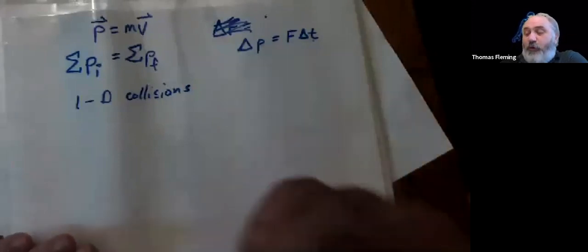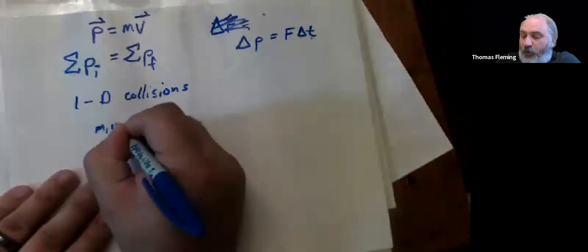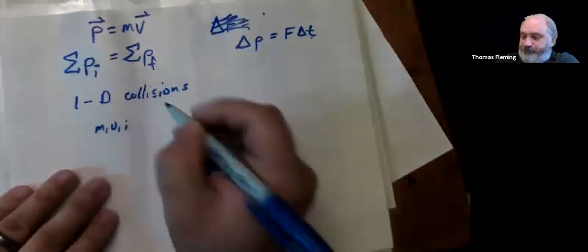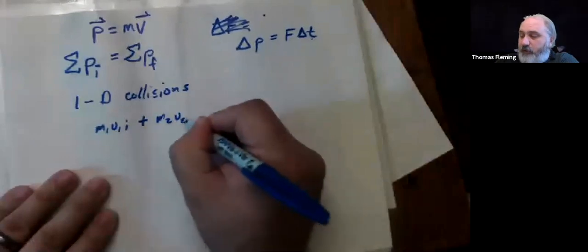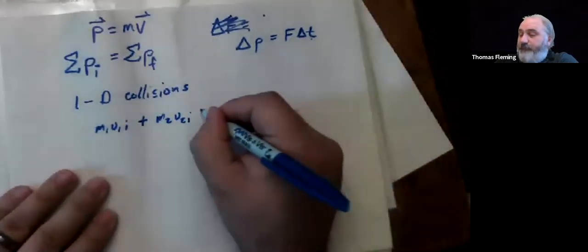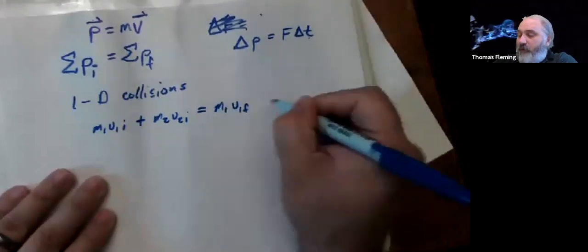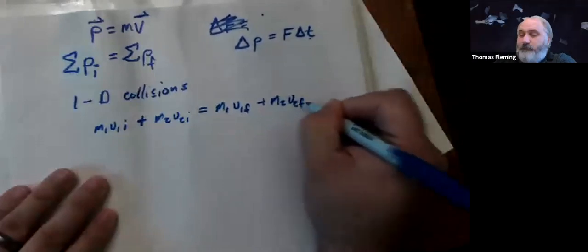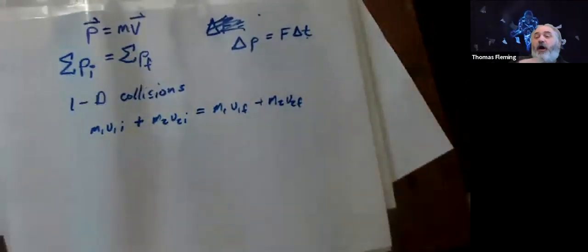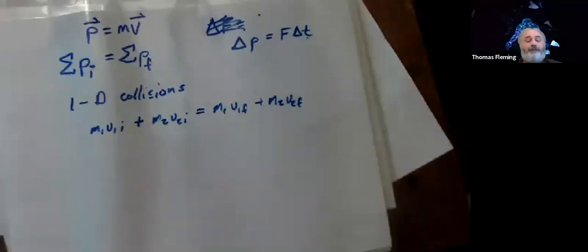So if I had two objects and they were both moving in one dimension, the P initial is just going to be the momentum of object one before they collide, plus the momentum of object two before they collide. And afterward, they might have different momenta. But in one dimension, all the motion is along a straight line, so all I have to do is write one equation.